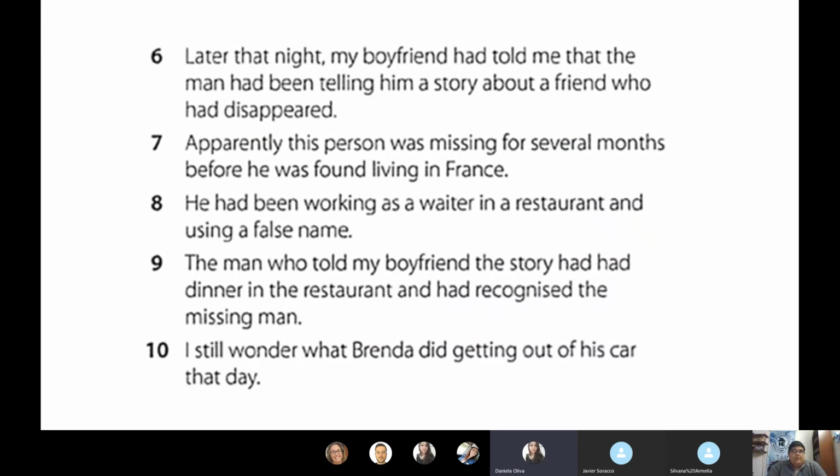No. Aún me pregunto qué es lo que estaba haciendo Brenda saliendo de ese auto.